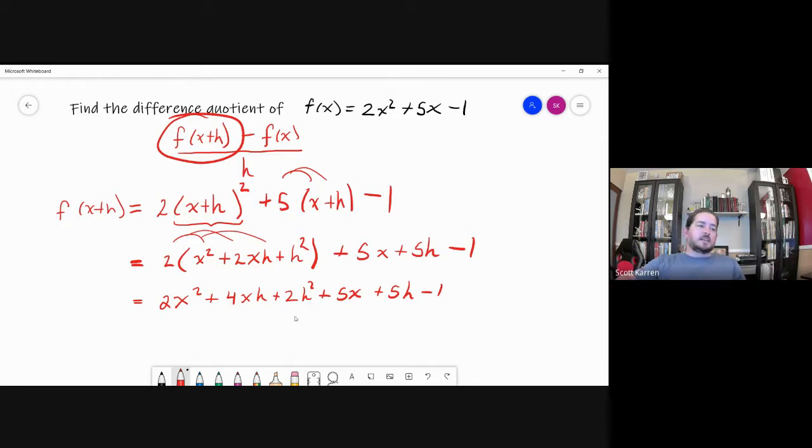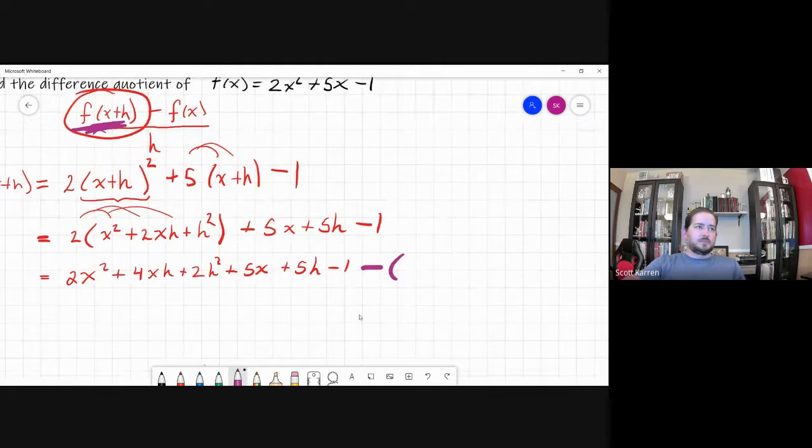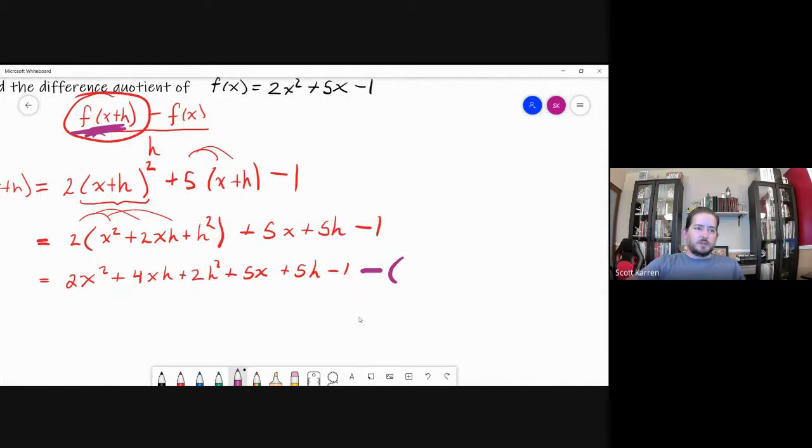I'm going to take this and say that is this part of the quotient, right? So from here, I'm then just going to subtract the original function, so minus the function, which was 2x squared plus 5x minus 1.